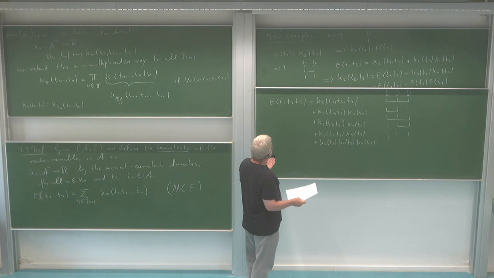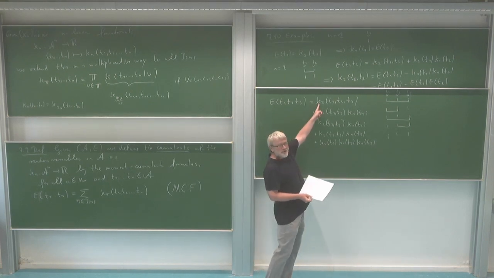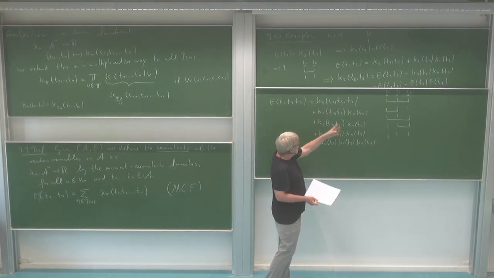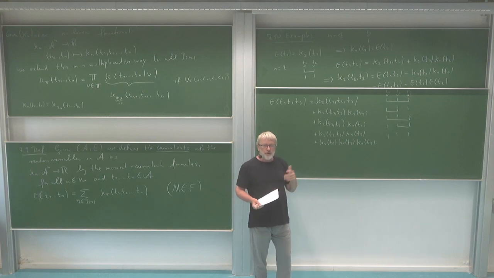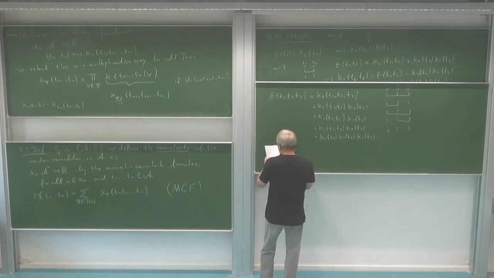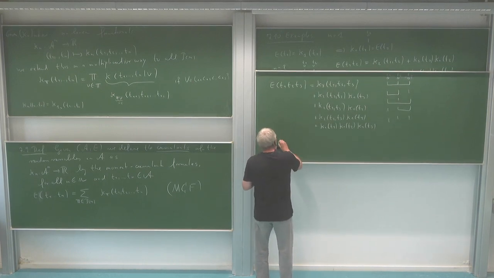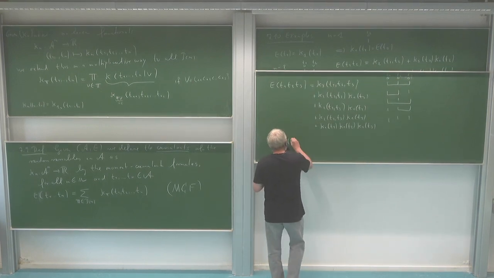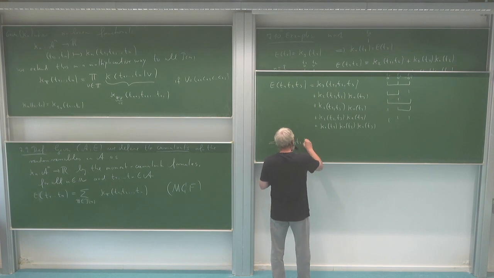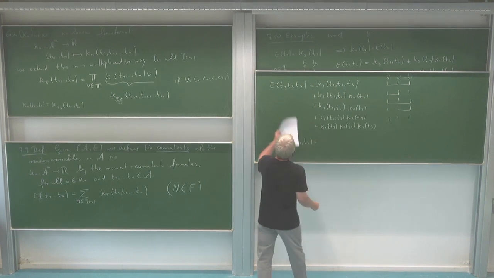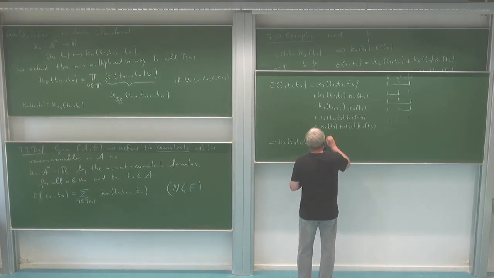Okay, and you see now again, I can solve this for kappa 3, and the other terms only contain kappa 1 and kappa 2, and I already know what they are in terms of the expectation. So I can solve this. So this tells me kappa 3 of T1, T2, and T3 is actually this expectation.